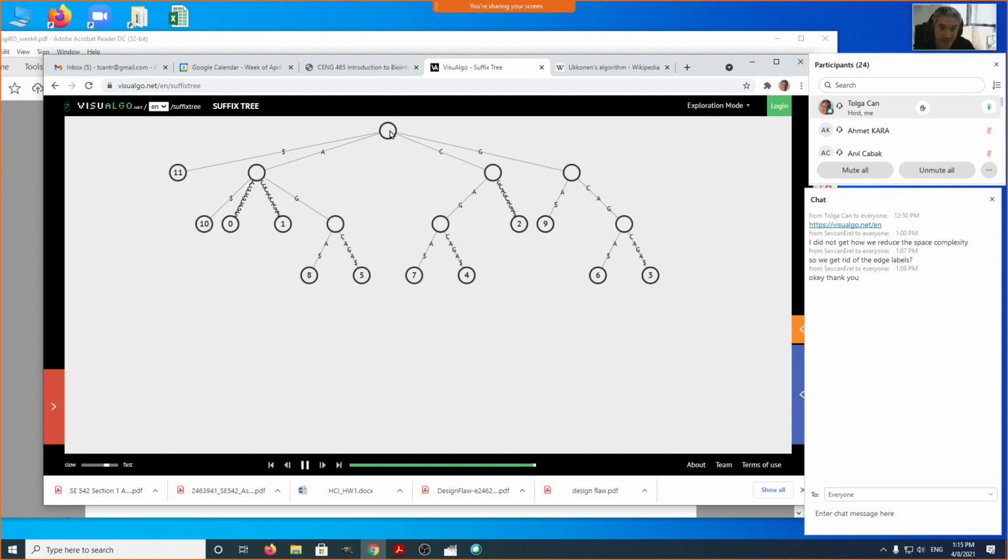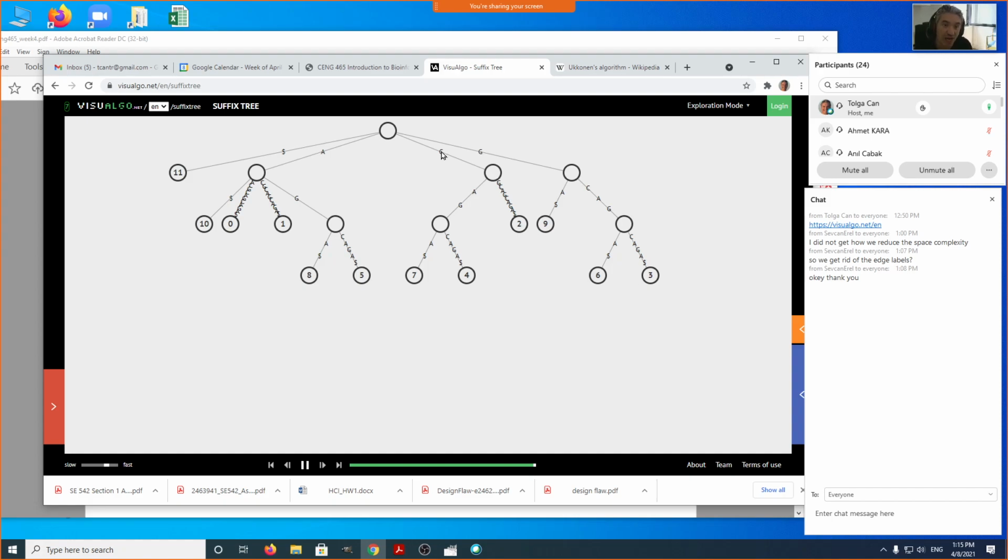It actually takes some time, right? First, I look at this edge, then come to this edge. Oh, this edge starts with a C, and let's continue CAC on this path. So every time you're looking for which edge starts with a C, you're spending some time which is proportional to the alphabet size. One way to avoid this is to have an array of child nodes in which C is always going to have a specific location.